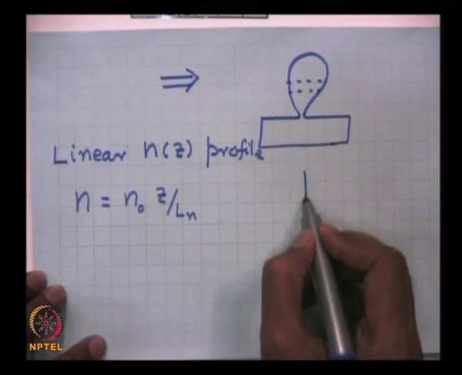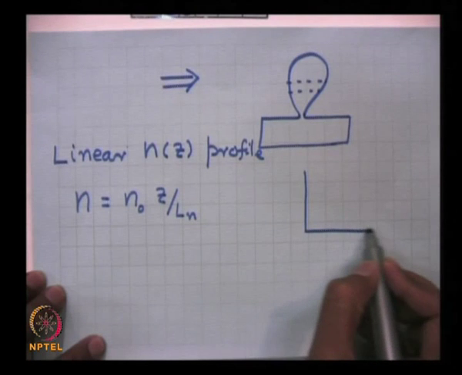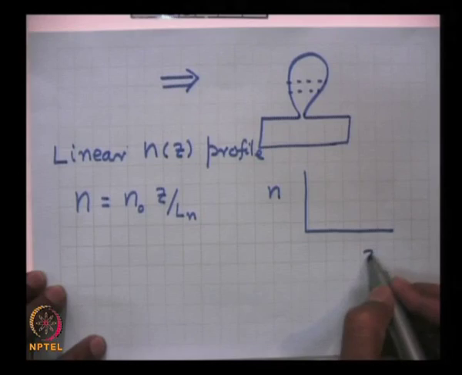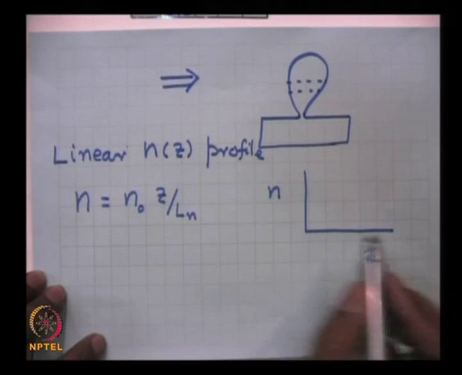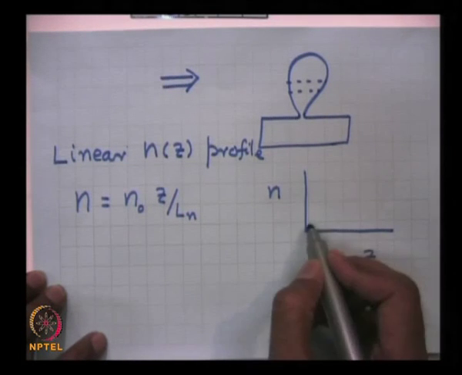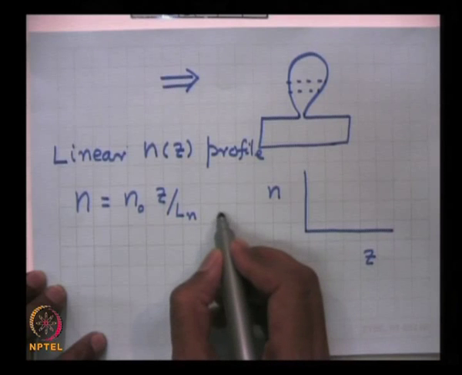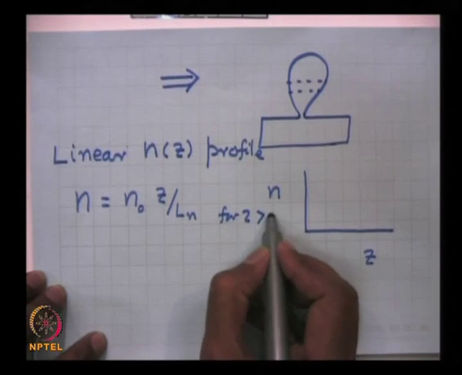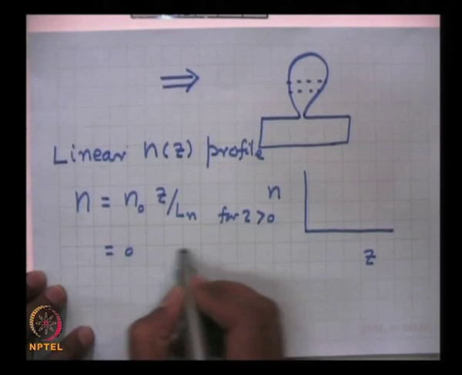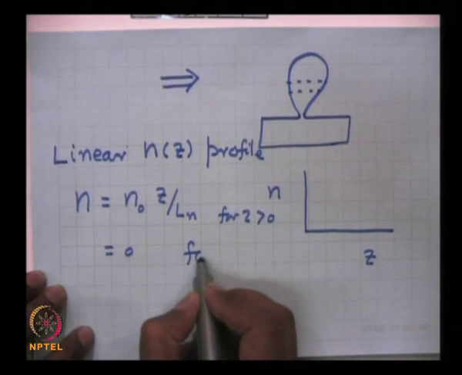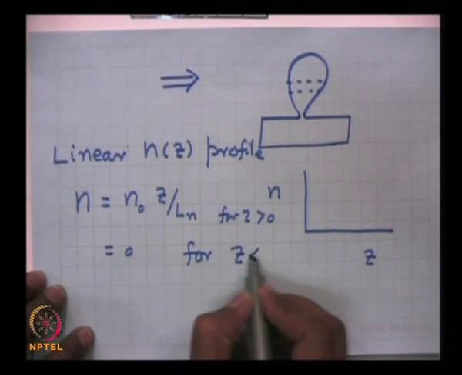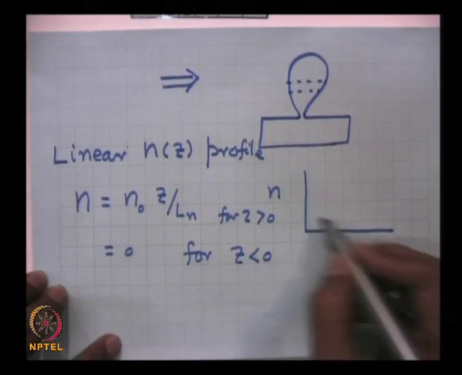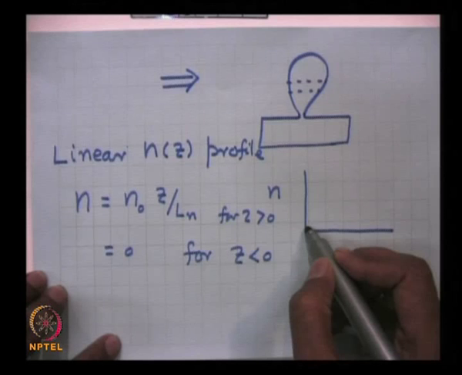Means if I plot a density on the y axis, electron density, and z is the distance from the plasma boundary, this I have written for z bigger than 0, and this is 0 for z less than 0. So, if you have this kind of profile, then the density, if you plot this as a function of z, will be a straight line like this.